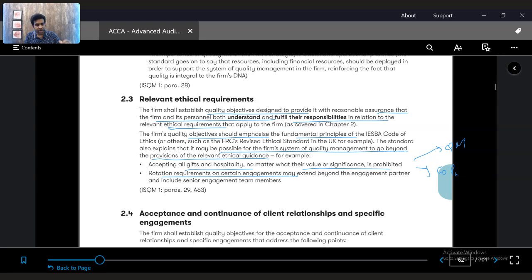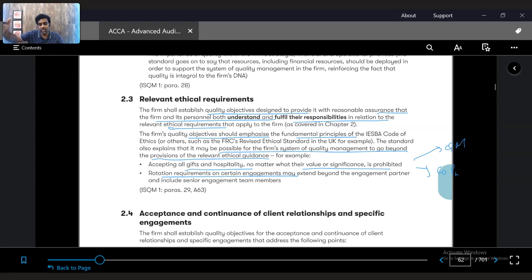So when you identify certain ethical issues as a candidate, you don't just have to write it from the independence perspective, but also from the quality management perspective. In AA, we just used to mention what are the ethical threats that we are facing. But in AAA, you have to go one step beyond and mention that it affects the quality management and quality objectives of the firm as well.